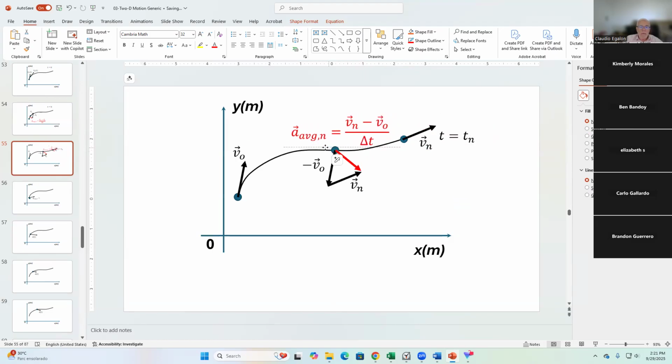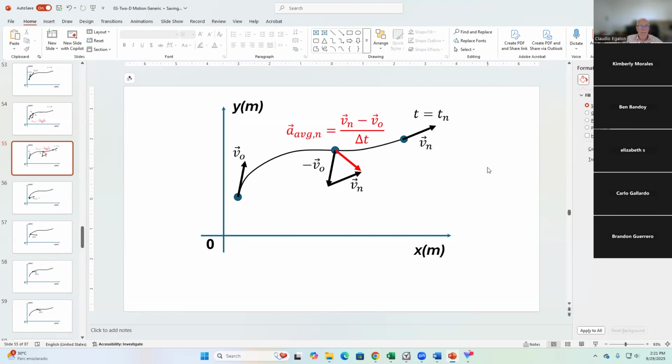Oops, this guy has to move a little bit more to the right, so it's not encroaching on the other, right? And now I can start thinking, again, in terms of the instantaneous acceleration vector at this point, at that very point.